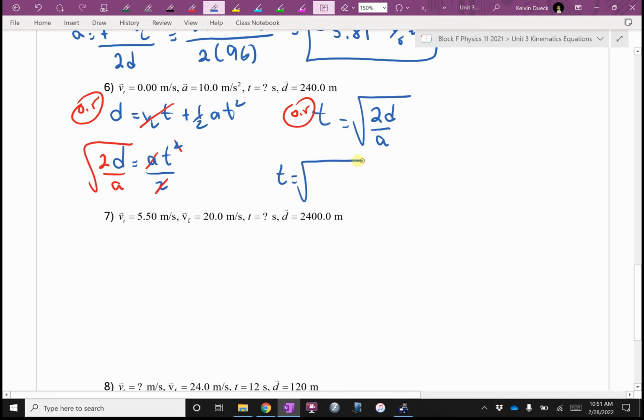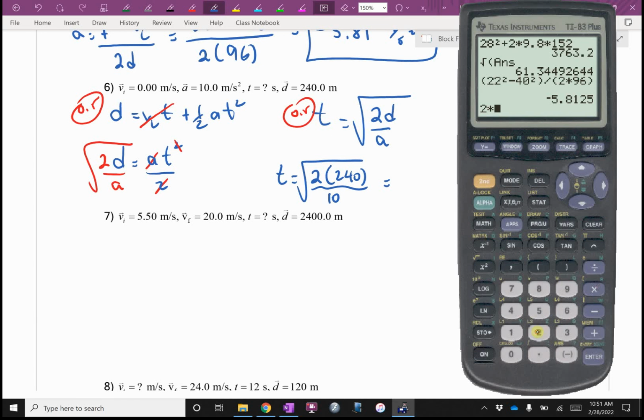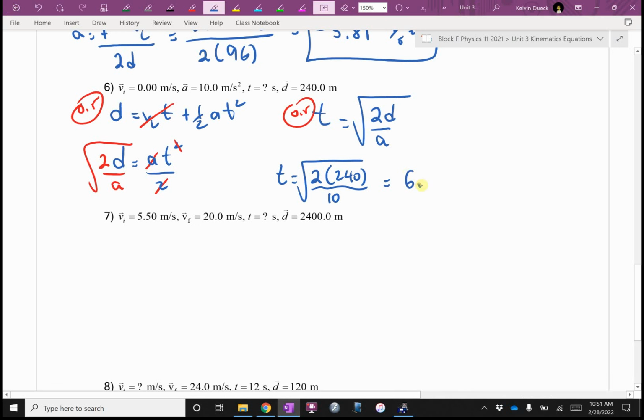T equals the square root of 2 times 240 all over 10. 2 times 240 divided by 10, square root, answer button. What's it going to be? 6 point something? 6.93 seconds.